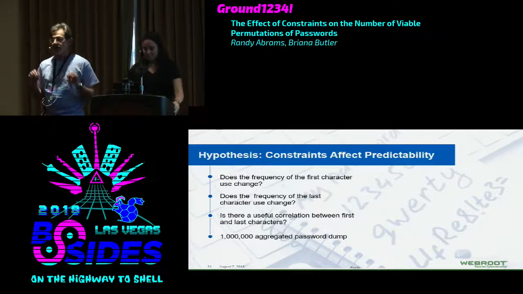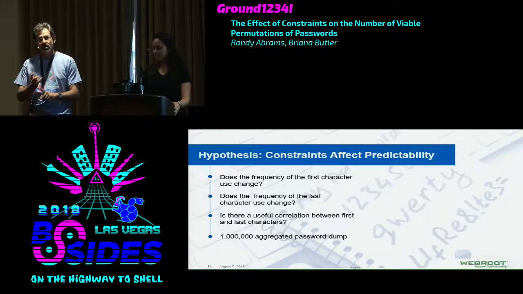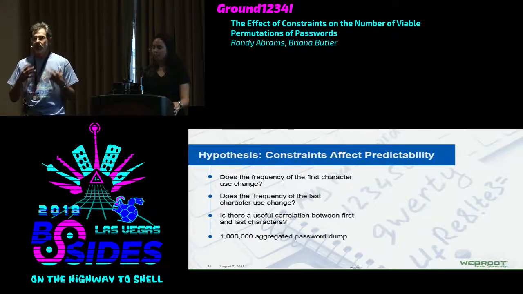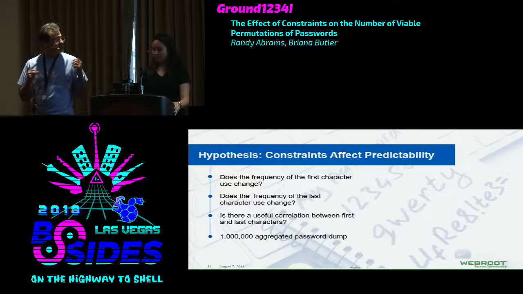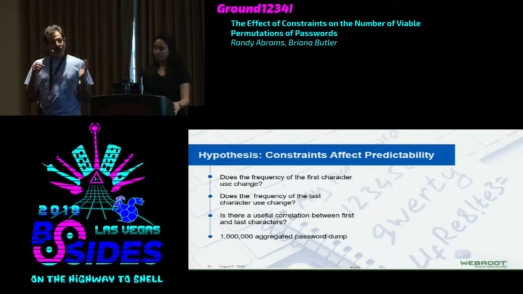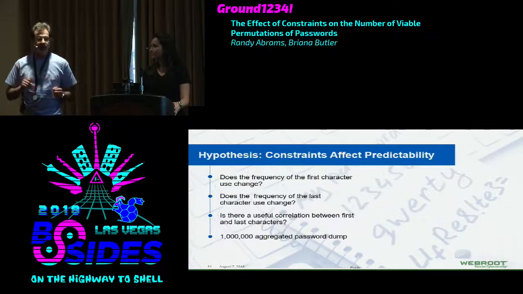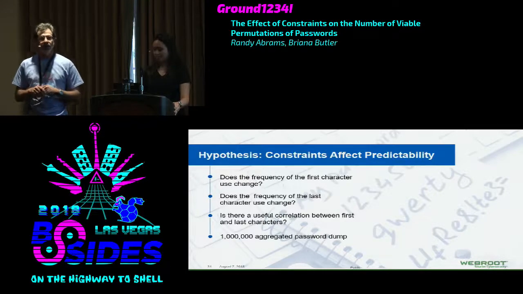These million actually have some attribution. We know that some of them came from LinkedIn and some came from RockYou, and there are other companies that have attribution. So I was hoping that I would get a good set of constrained passwords, and it wasn't exactly what we wanted, but let's look at what we found.